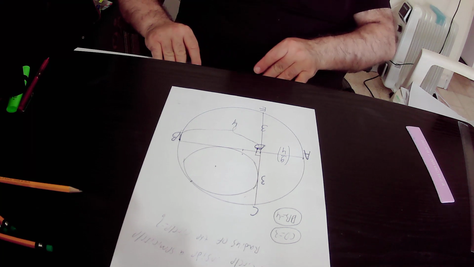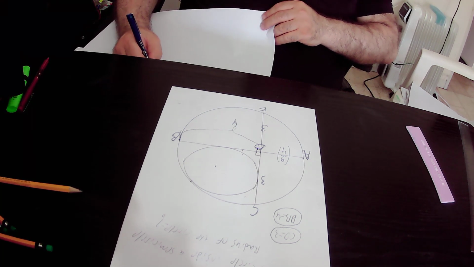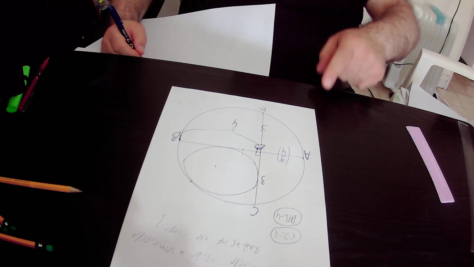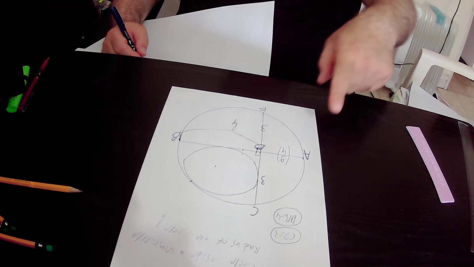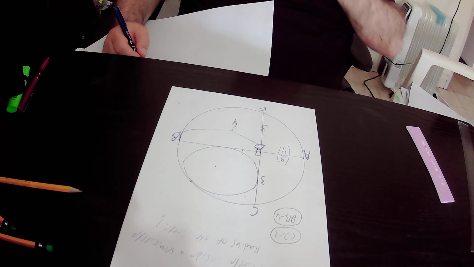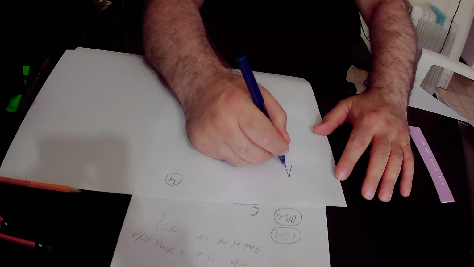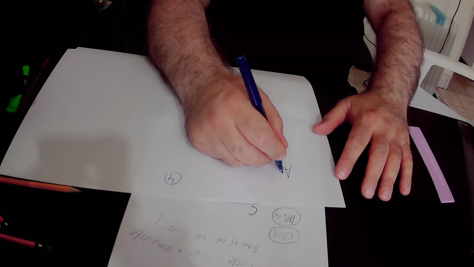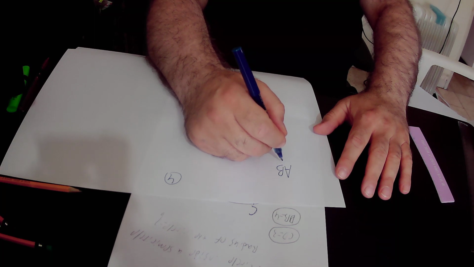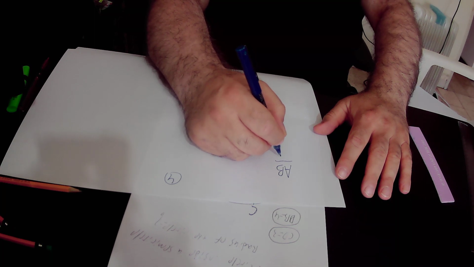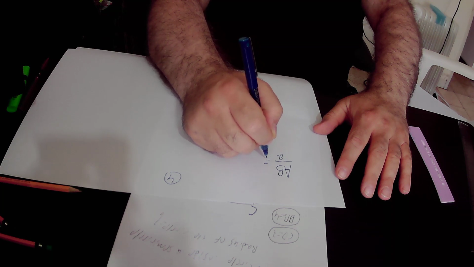Okay, and we know that AB is the diameter of the circle and also the diameter of the semicircle. If we divide the diameter by 2, we get the radius of the circle and the semicircle.